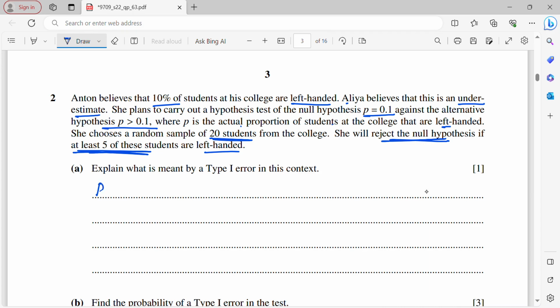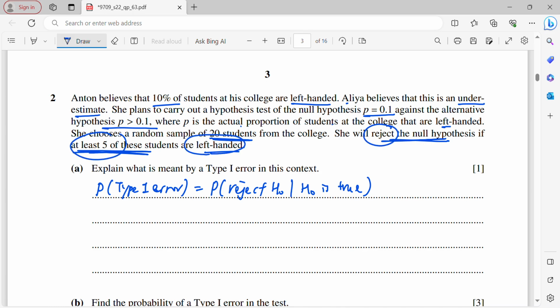Okay, what is the definition of type 1 error first? Basically, type 1 error means rejecting H0 if H0 is true. Now we know that she is going to reject H0 if at least 5 of the students are left-handed.